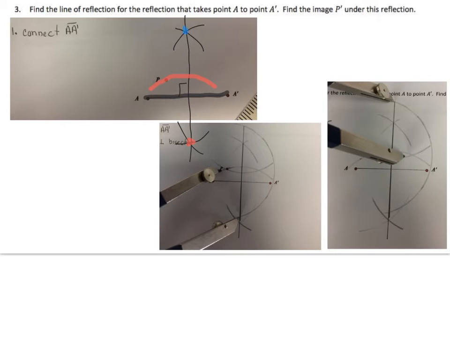Then you put your pointy end here and draw a little arc, the distance of P, and ta-da, you get P prime. Okay, it's equidistant from these two arcs, and it's pretty easy once you have those to find P prime. So now we know that this distance is equal to that distance, just like this one is equal to that one.